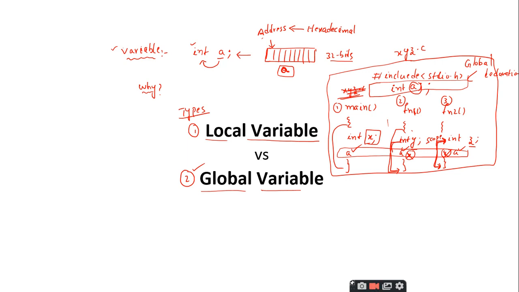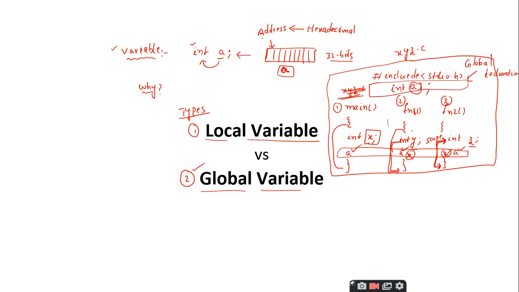Only 2 points you have to remember: where the variable is declared, and who can access it. If it is a local variable, you are going to declare it inside a particular function, and accessibility is within that function only.